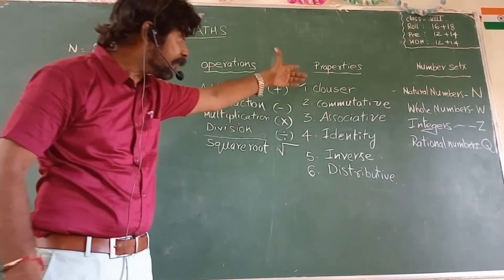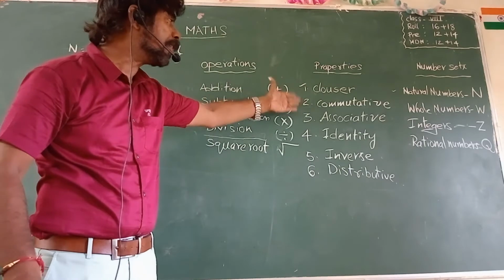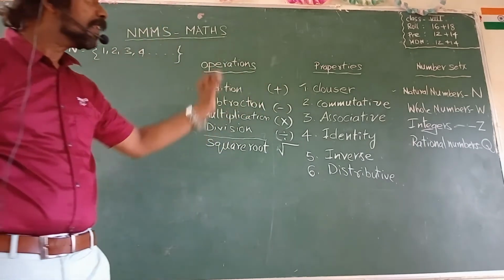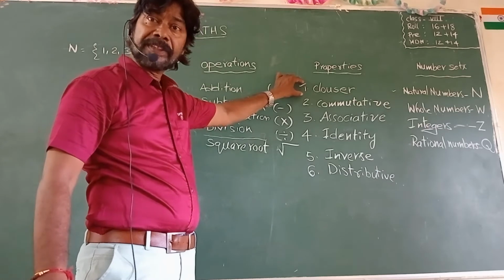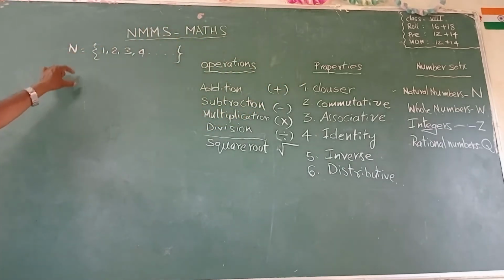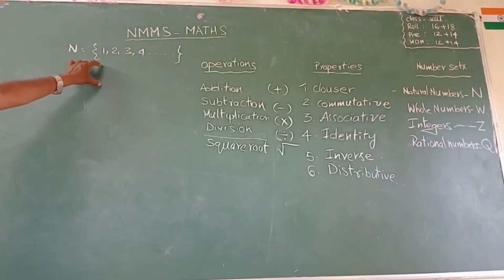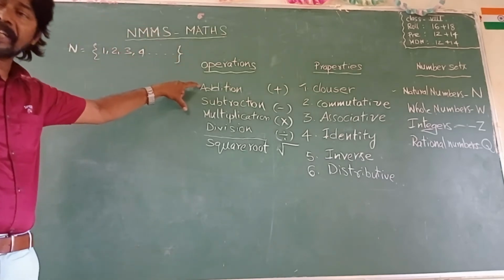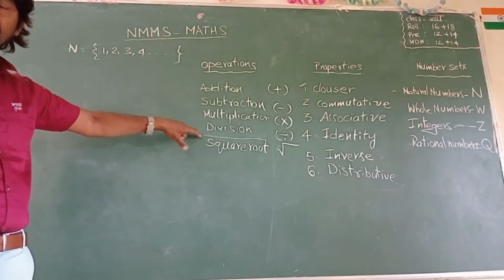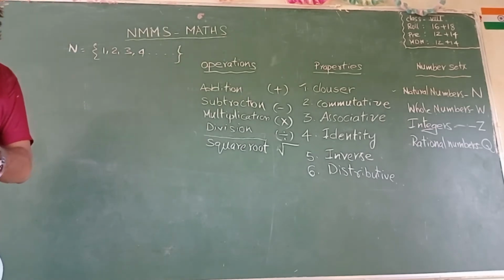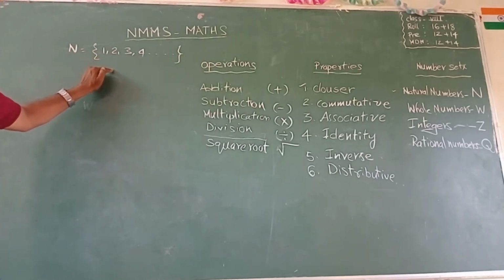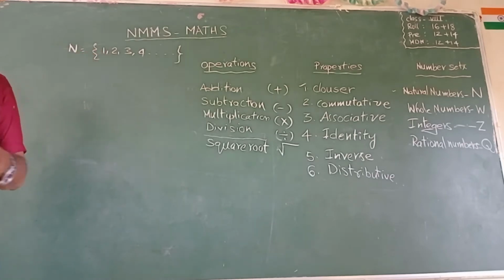for the closure property, if I take any 2 numbers from the natural number set and do the operation addition, subtraction, multiplication or division, if I get the answer in the natural numbers, then we say that property is called closed under the operation we did.